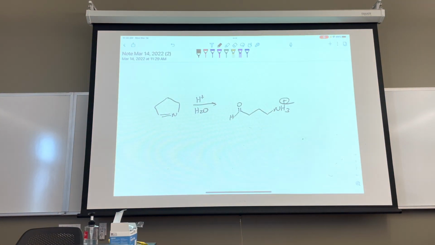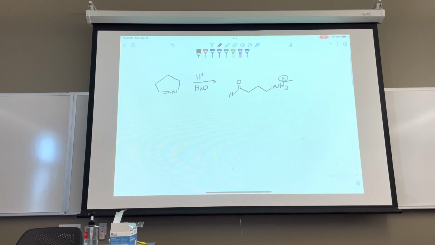Okay, so looking at the reaction, there's a couple things that we should notice off the bat. Number one, we're obviously breaking the ring open, so that's one very apparent thing here. The other thing is that in the reactant, we have no oxygen. In the product, we do have an oxygen.